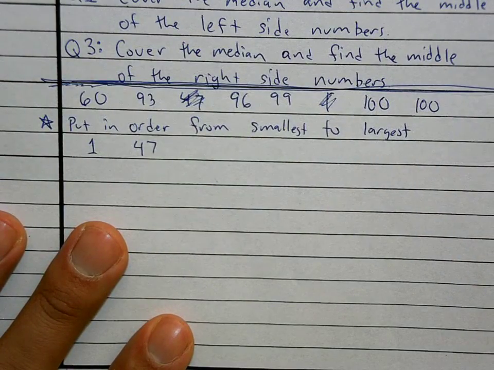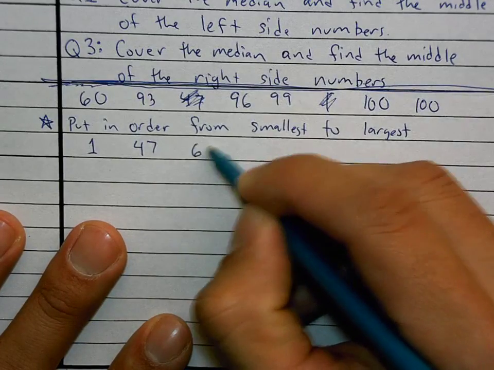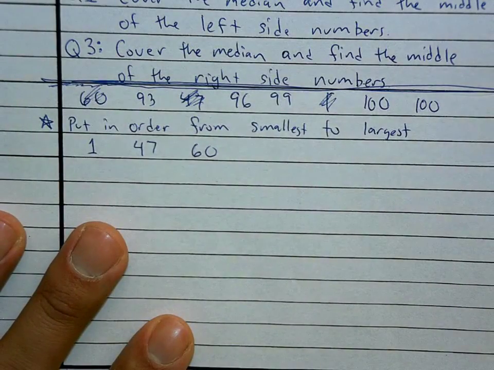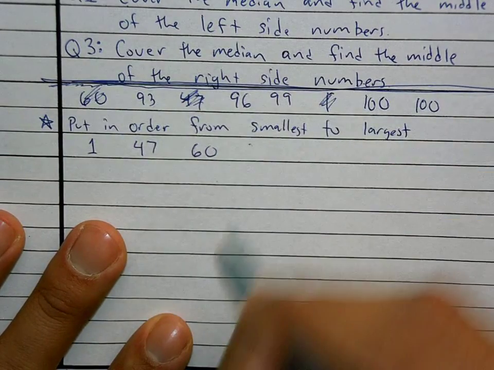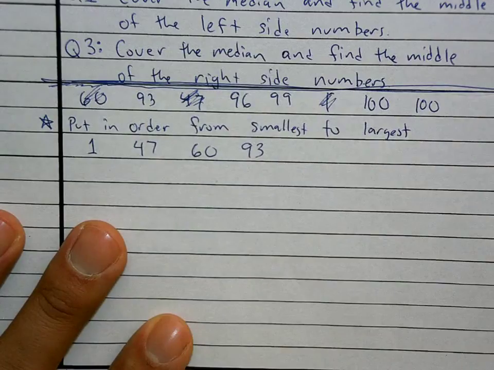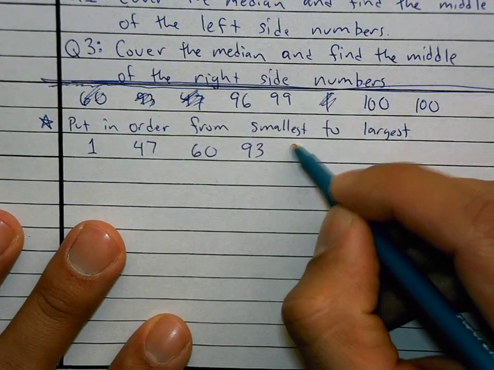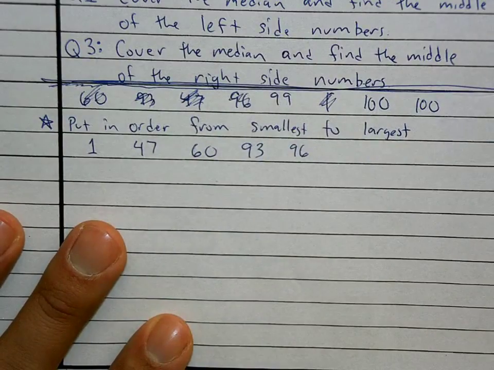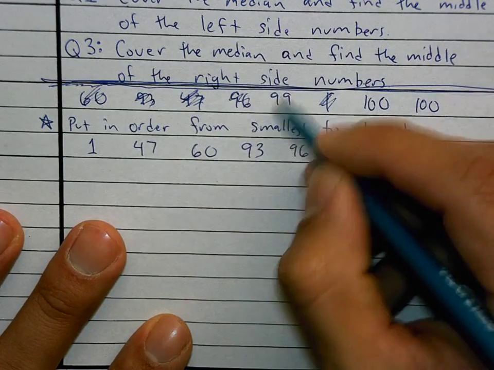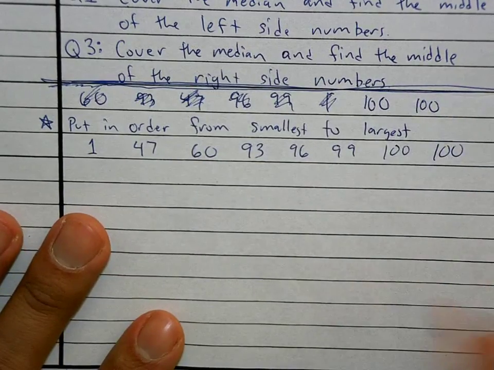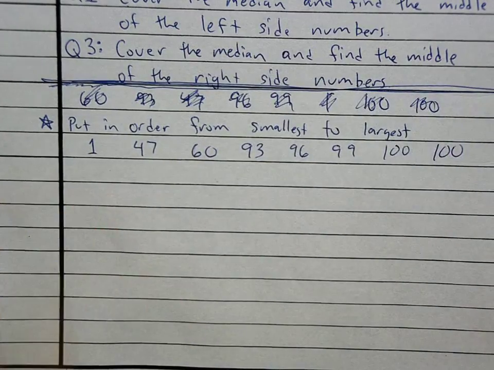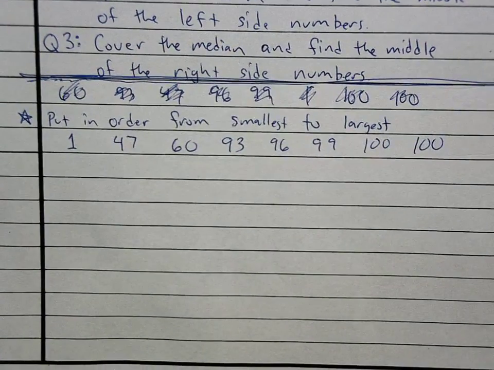What's the next smallest number? And the next smallest number? Close. 93. Then the next smallest number? And the next? And then our last two numbers, it doesn't matter which one goes first, because 100 and 100 are the same size. Okie dokie. So now you have everything in order.